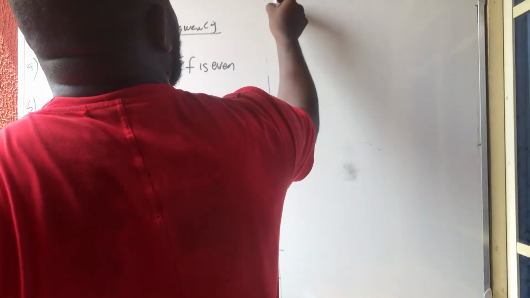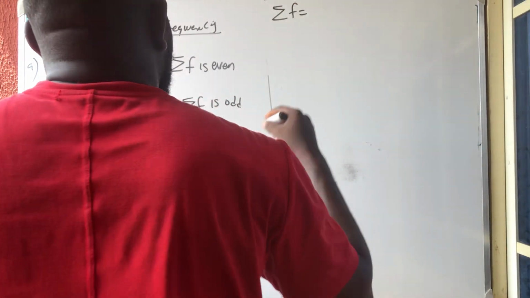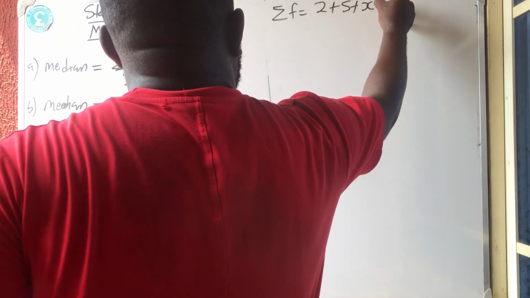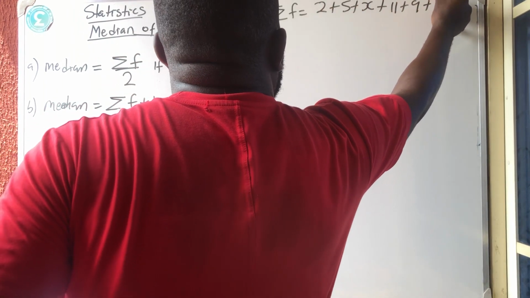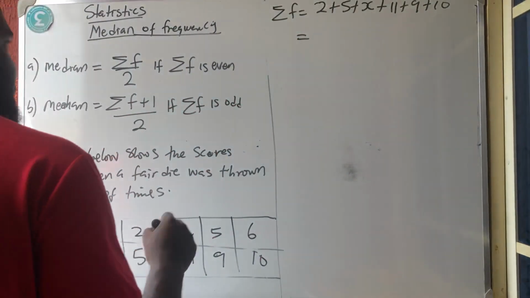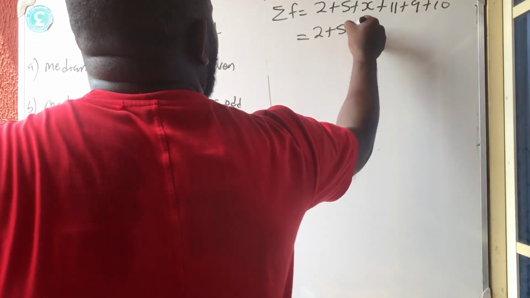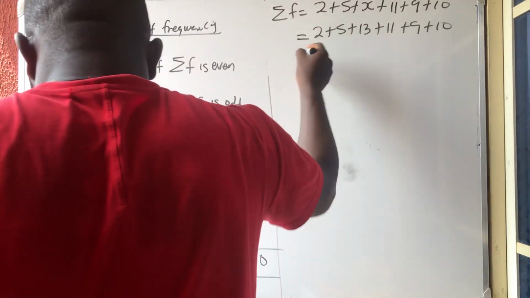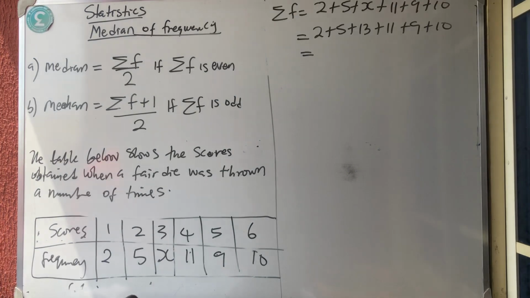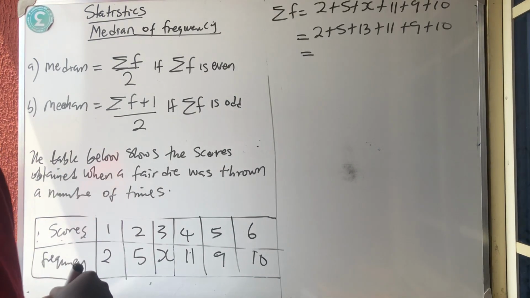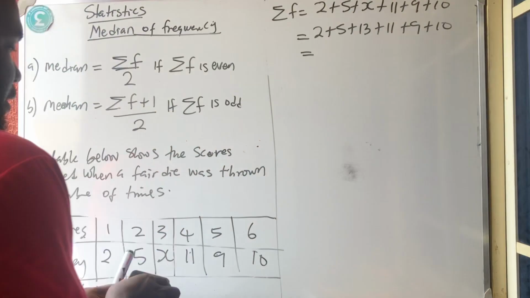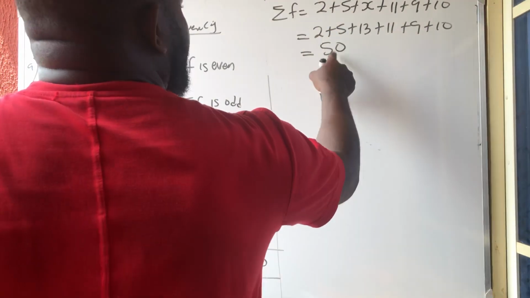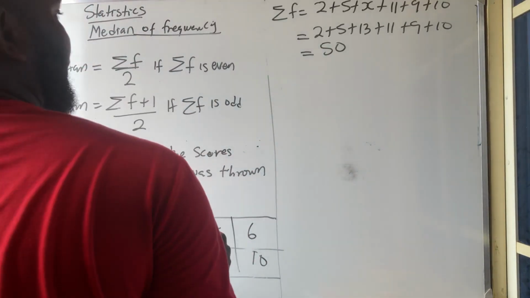Summation f is 2 plus 5 plus x plus 11 plus 9 plus 10, and we have gotten x to be 13. So I'm having 2 plus 5 plus 13 plus 11 plus 9 plus 10. Add everything, I'm going to have 50. Let me check: 37 plus 13, yes, 50. So since this is an even number, the first formula is what I'm using.